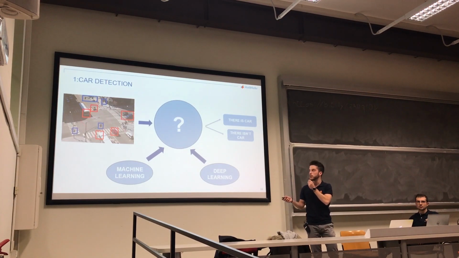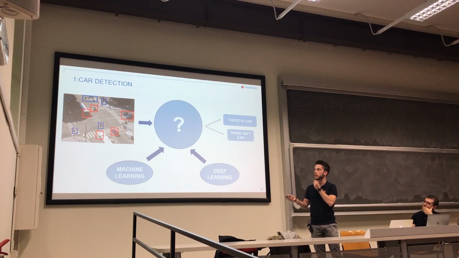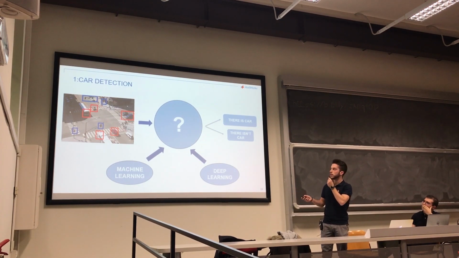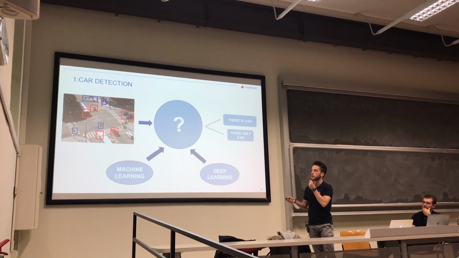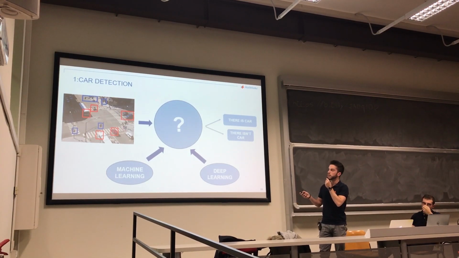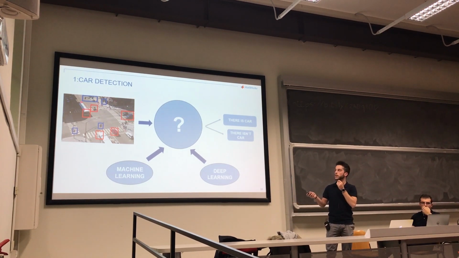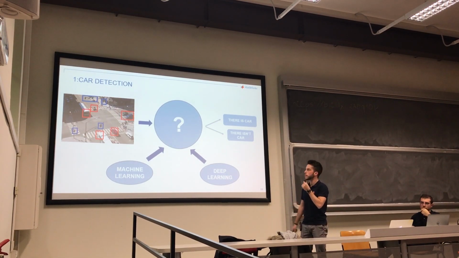We have an image like this one of a crossroad. As you can see, there are lots of different items, cars, but also traffic lights, people, and other objects. We want something, which is undefined for now, of course, that recognizes whether this image has a car inside or not.